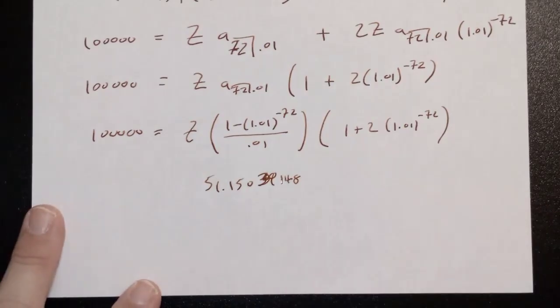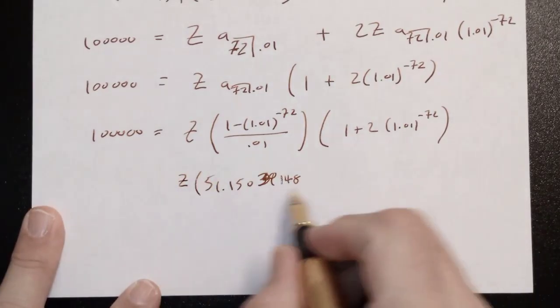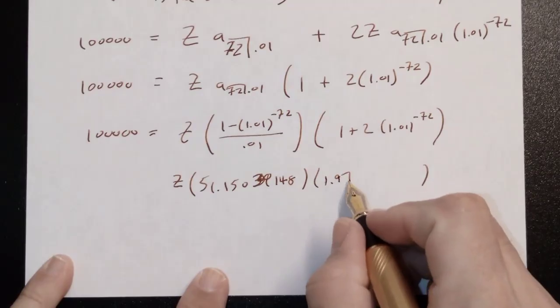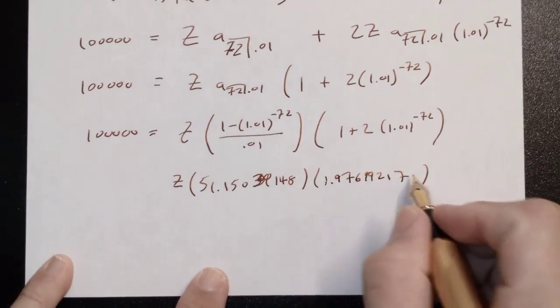And then here, this is a much smaller number, 1.97699217.